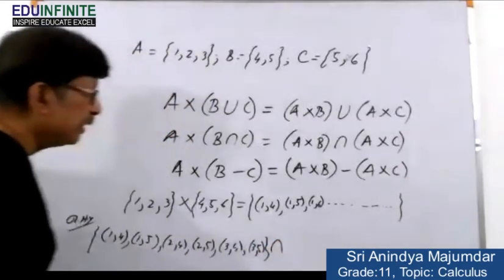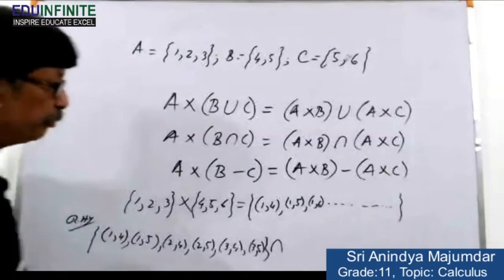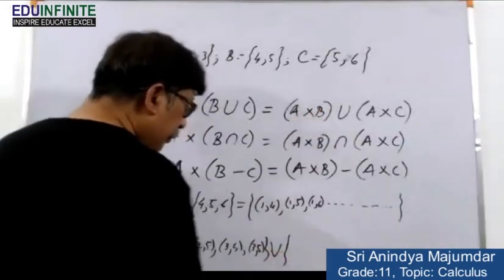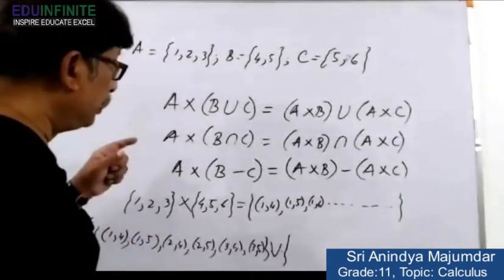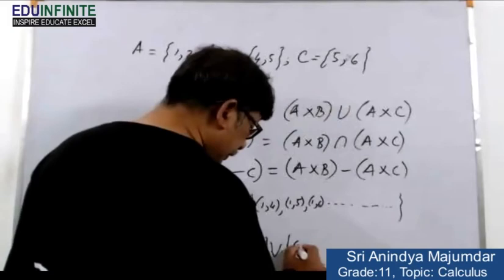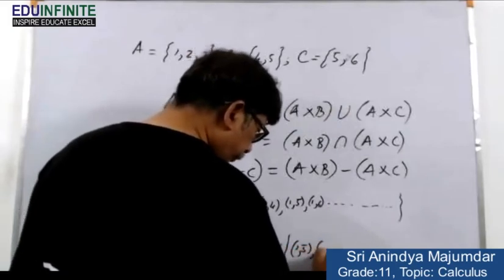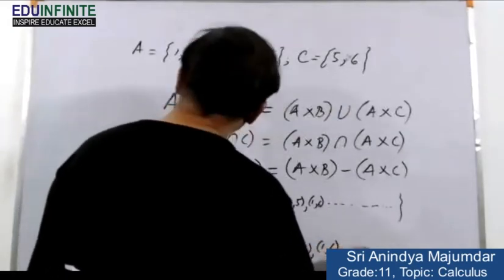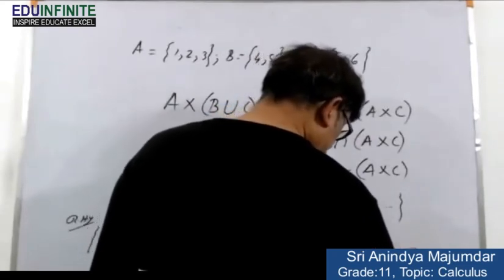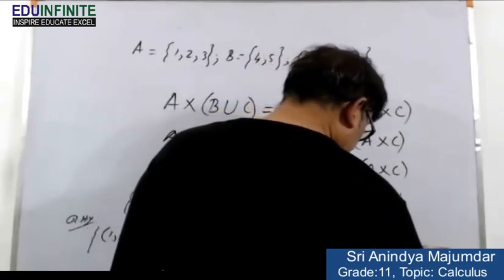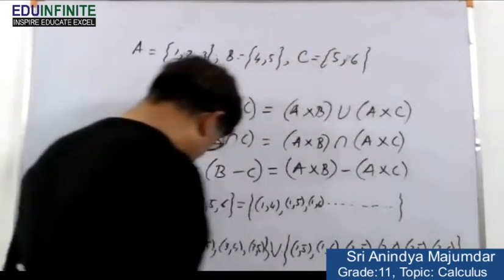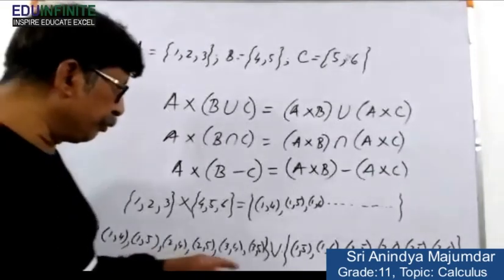Union, sorry, I am doing the union here. A cross C: 1, 5, 1, 6, 2, 5, 2, 6, 3, 5, 3, 6.